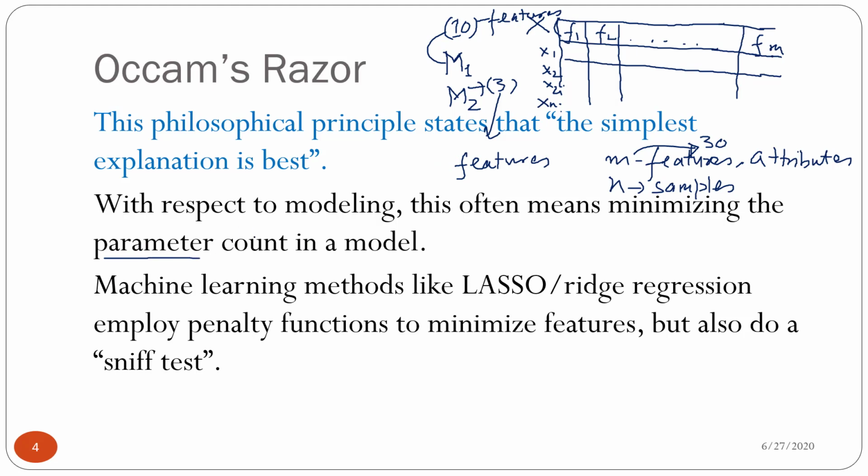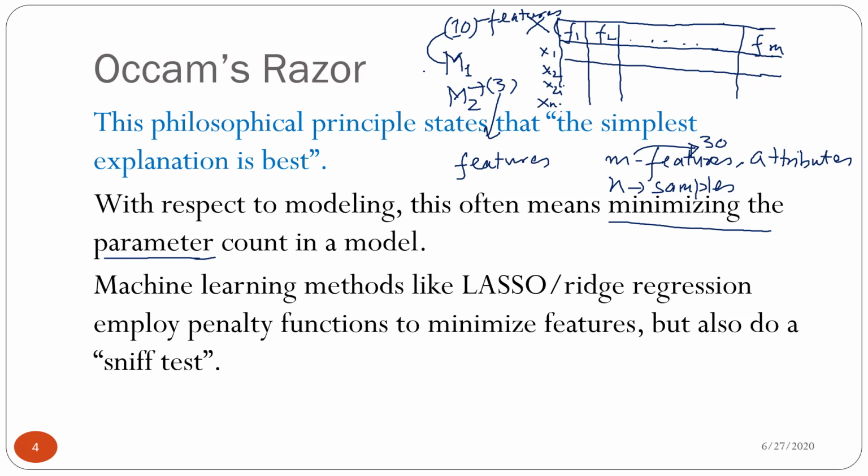So the next point that we have is about the same thing. With respect to modeling, we might think of minimizing the number of parameters in a model, right? Since M2 has fewer parameters, which is 3 compared to M1, we will prefer M2 over M1, provided M2 and M1 are giving the same performance level.